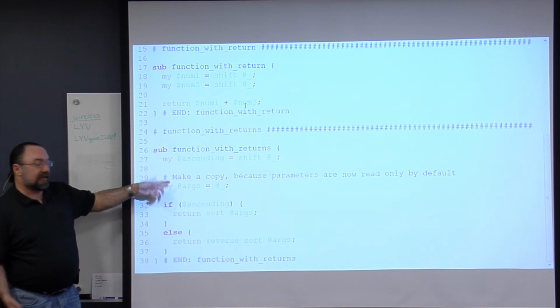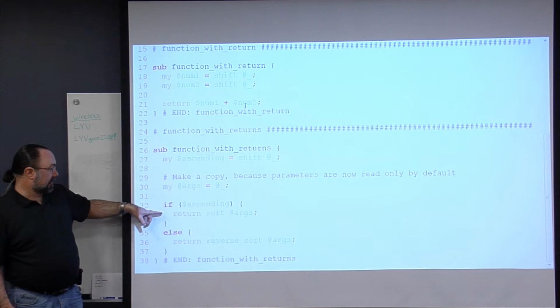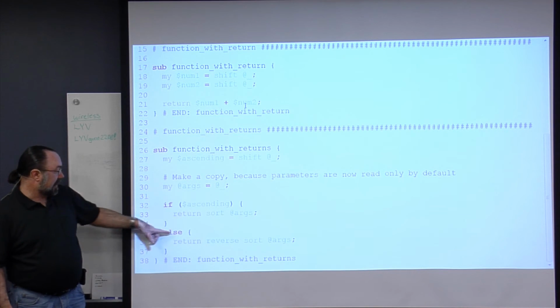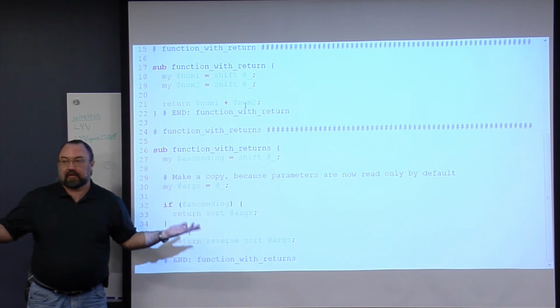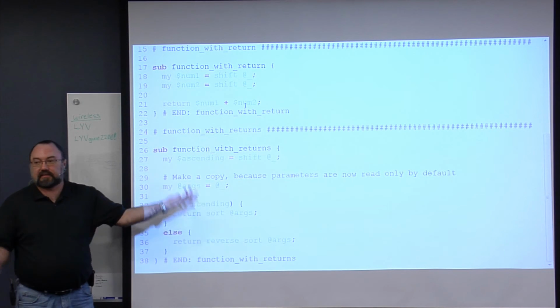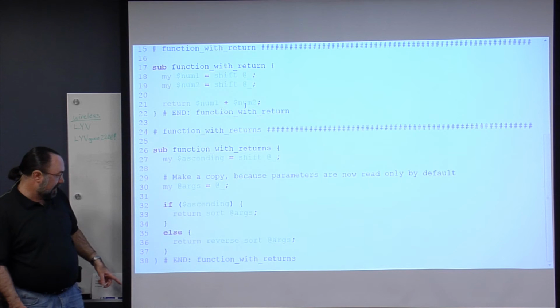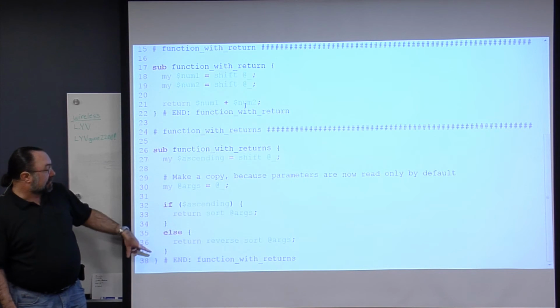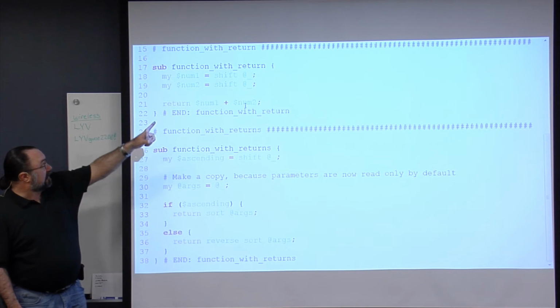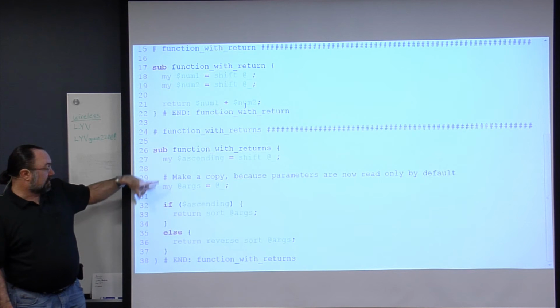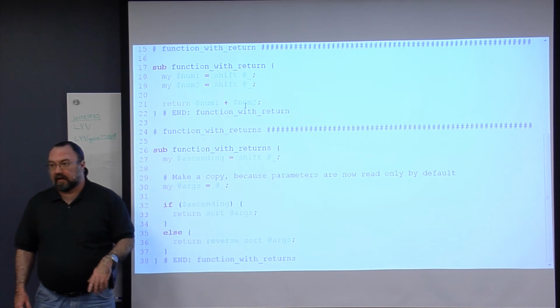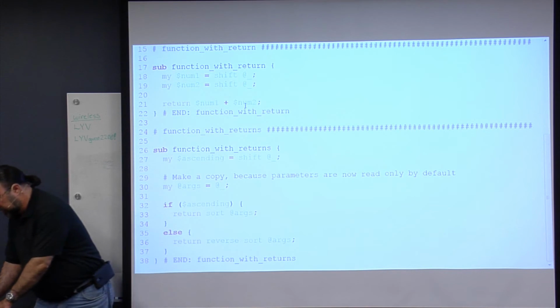In Perl 5, I just copy it to another variable. And then I say if ascending, return sort, else return reverse sort. And again, you can tell that syntax is the same as Perl 5. And so basically, since I passed it a 1, it will sort them in ascending order.